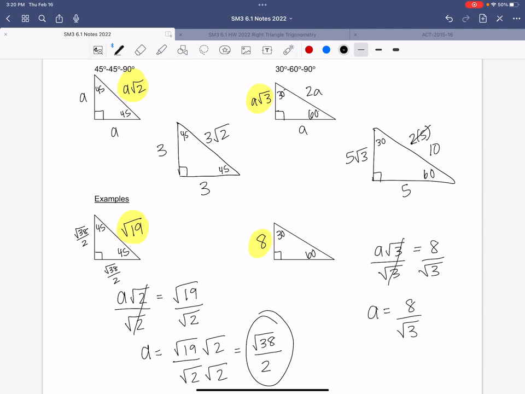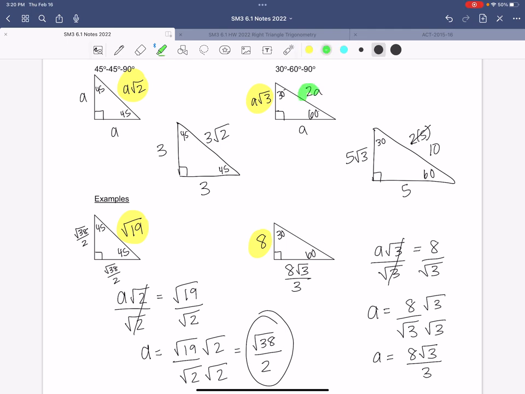But again, I'm still not simplified. I've got to multiply the top by square root of 3 and the bottom by square root of 3 to get A equals 8 square roots of 3 over 3. So that means this side is 8 square roots of 3 over 3. And then this side over here, let me show you.